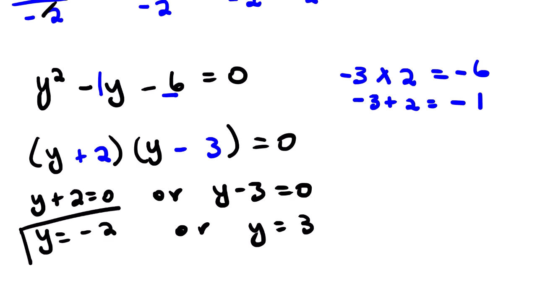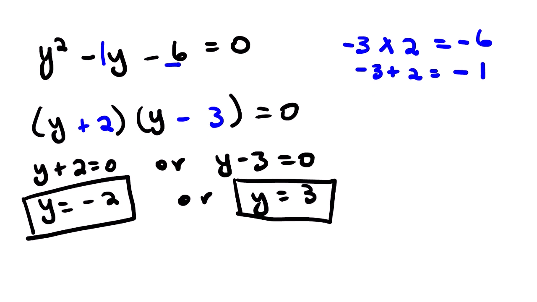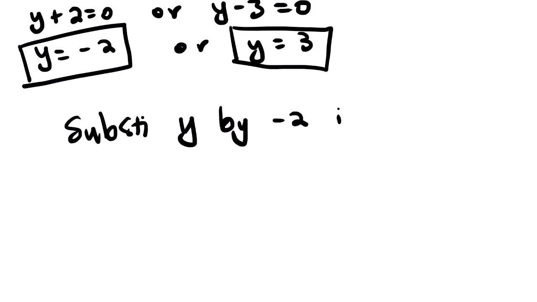So these are the solutions. Remember, we are solving for x and y. So far we have solved for y. We have 2 solutions. Now we need to substitute y by -2 into an equation. We can choose an equation.